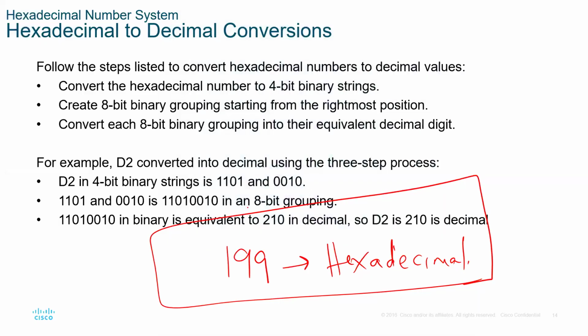So 199. Let's work out 199 together. Just the last example, 199. So we convert it to binary: 128, 64, 32, 16, 8, 4, 2, 1.